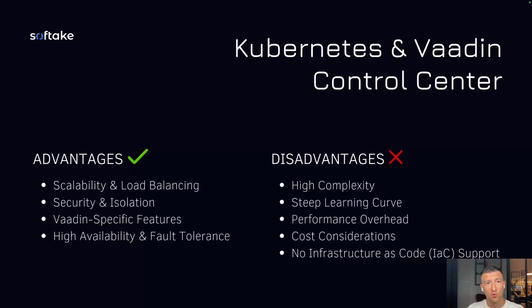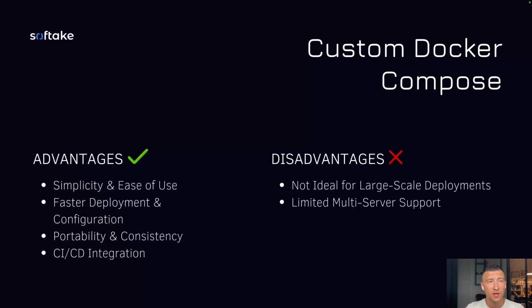It requires deep knowledge of its ecosystem, introduces performance overhead, and can be costly, whether using managed services or self-hosting. Additionally, there is no built-in infrastructure as code support in Vaadin Control Center, meaning updates require manual redeployment without CI/CD integration.